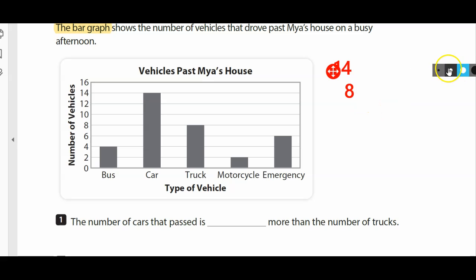And then I need to subtract, right? Because it says more than. So what's 14 minus 8? 6. I'm on page 9. All right, 6.